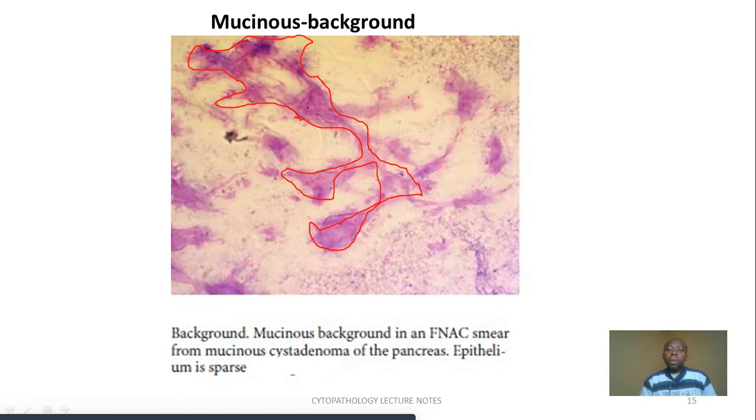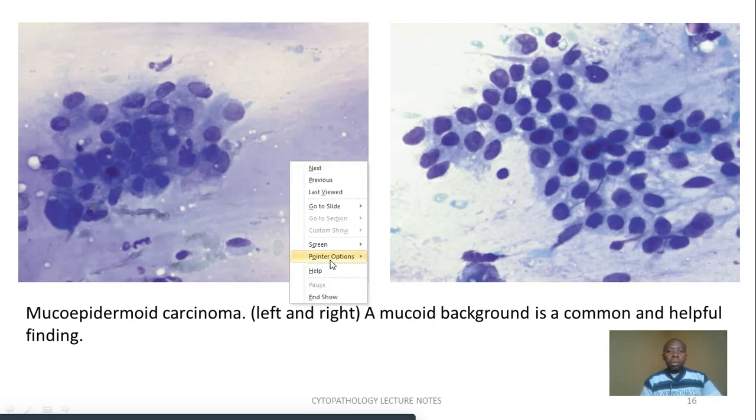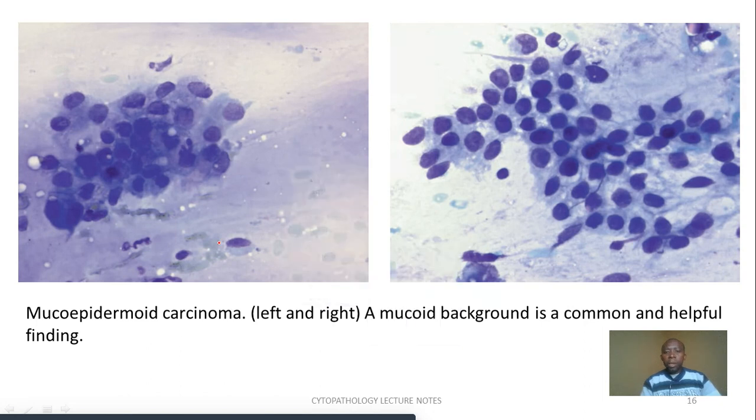Secondly, when we look at the general background of the slide, it is not clean. It's dirty, with a lot of substances in the background, which doesn't make the slide look good. Away from that, we get to other images also showing us what the myxoid or the mucin background looks like. Still, let me get my pen and then we look at this.